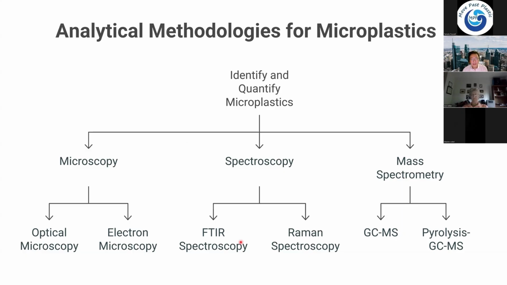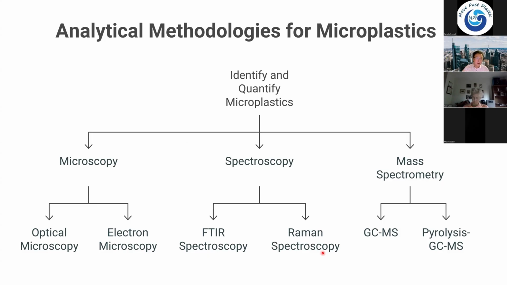So people are nowadays very interested in identifying and quantifying microplastics using Raman spectroscopy, because Raman spectroscopy can detect microplastics as small as 2 or 5 micrometers, which are toxicologically relevant once we consume these microplastics inside the human body.